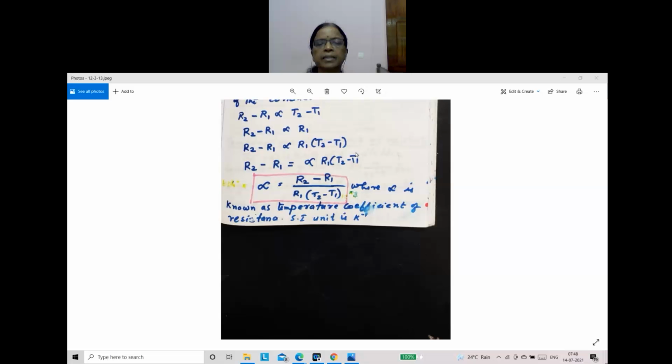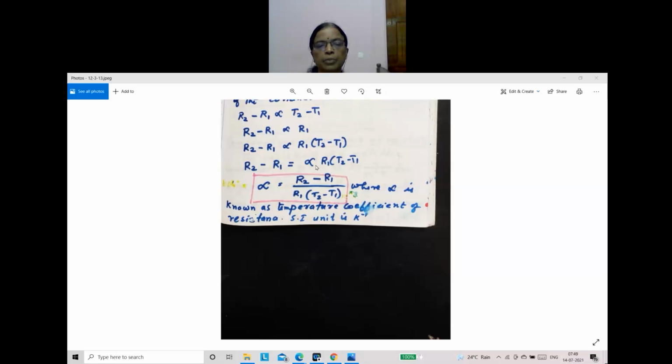Understand, children? So why are these alloys, constantan, manganese, etc. used as standard resistance wires? Alpha is a small positive value. With an increase in temperature, the resistance is not changing much, changing but not changing much.